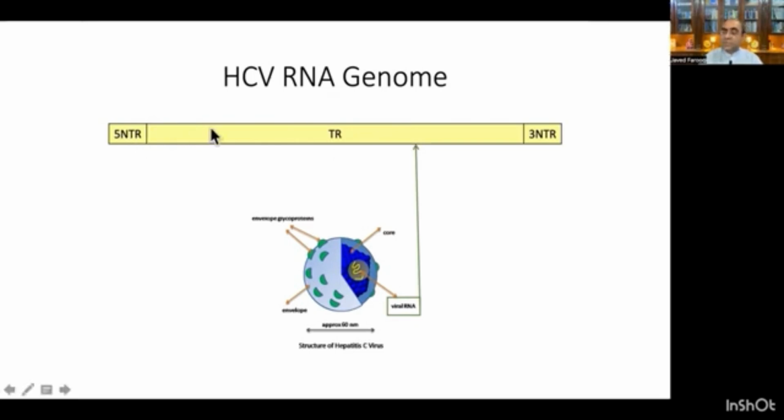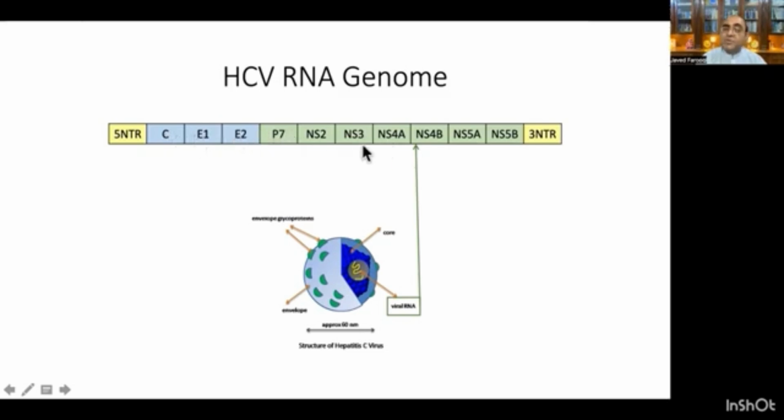So this is the genome. When we spread the genome, it is a single open reading frame, with the 5 non-translated and 3 non-translated ends, and in between the translated region. This translated region translates for two types of proteins, the structural and the non-structural. The structural proteins are of 3 types: C, E1 and E2.